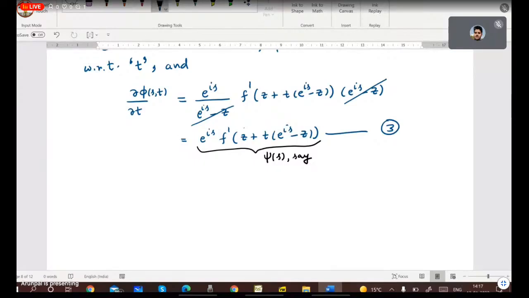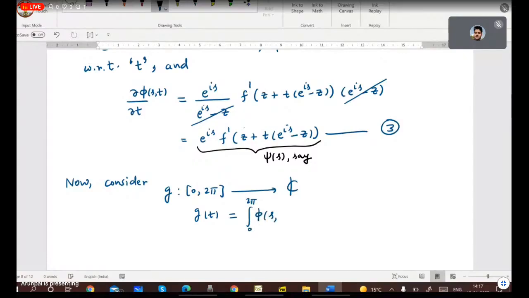Okay, good enough, class. Now consider, it will not take me more than 5 minutes, this function g defined on the closed interval 0 to 2 pi into C, and this is how this function is defined: g of t equals the integral from 0 to 2 pi of phi of s comma t ds.